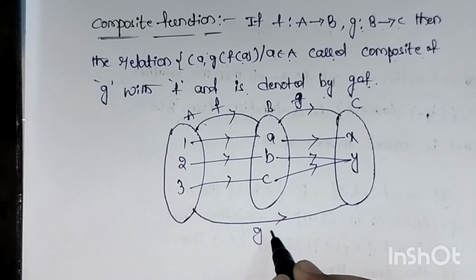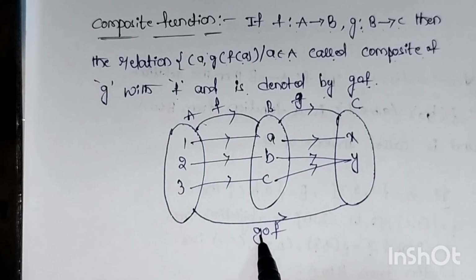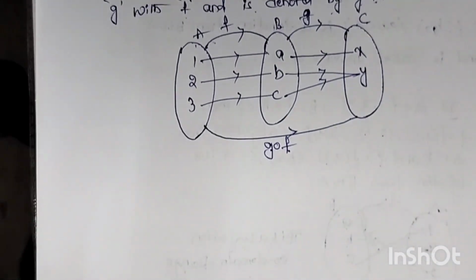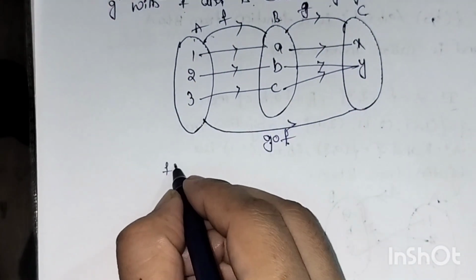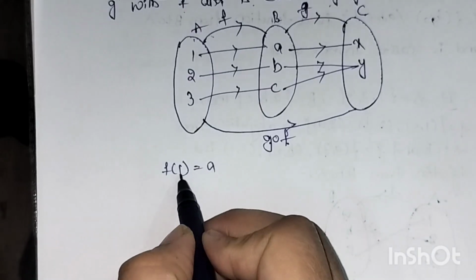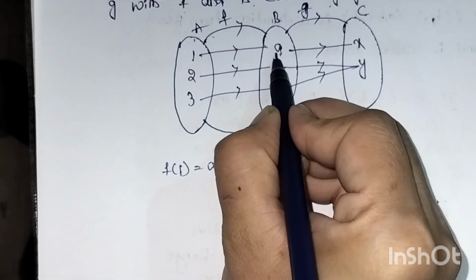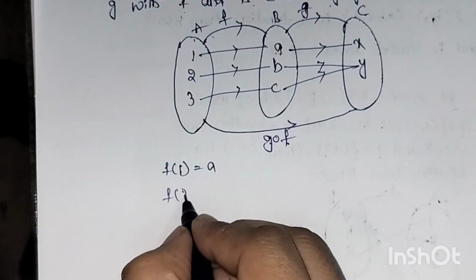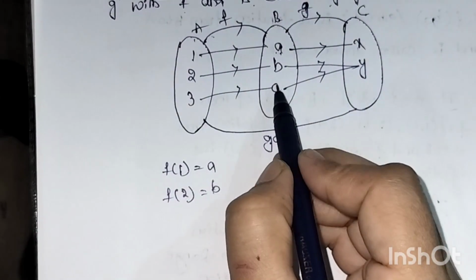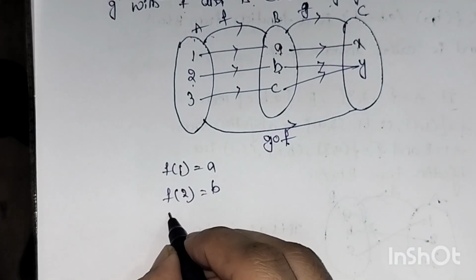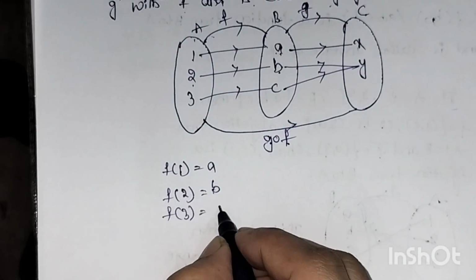This is g circle f. G circle f maps A to C. F of 1 is equal to a. Image of 1 is a. Image of 2 is b. F of 3 is equal to c.